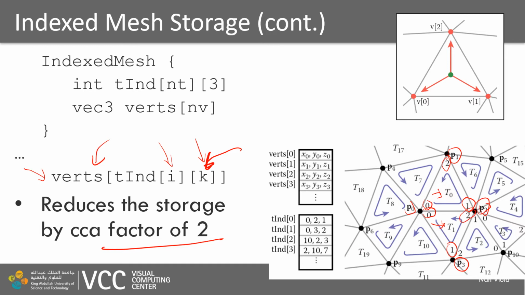Again, counterclockwise. We can see how these vertices are organized to form these triangles. And all of these triangles are organized in their vertices in a counterclockwise order, meaning that all these triangles will have the same orientation.